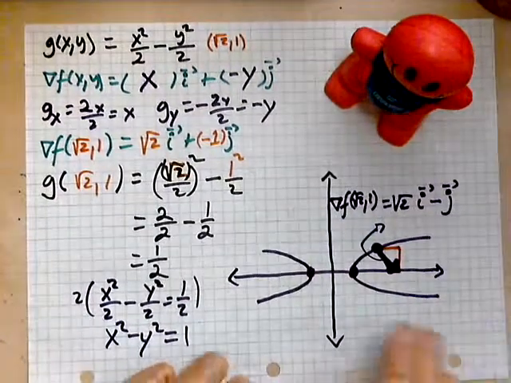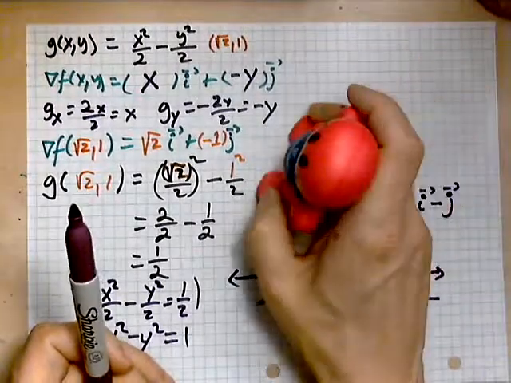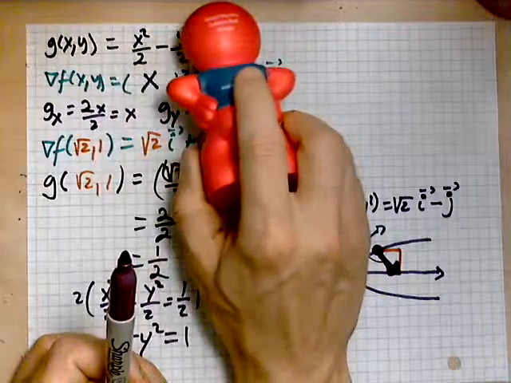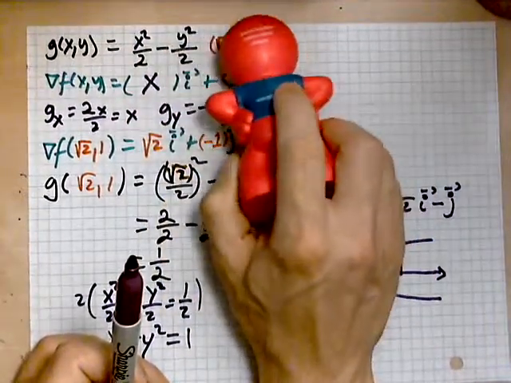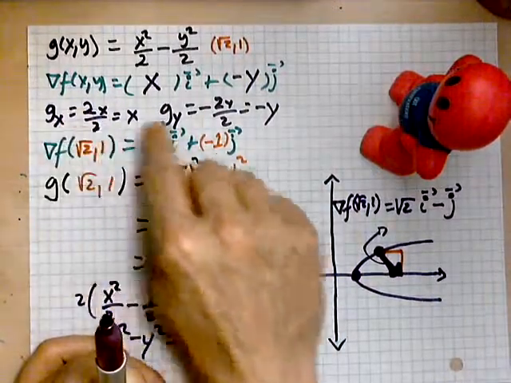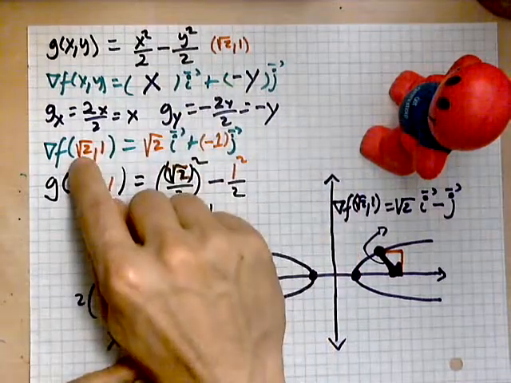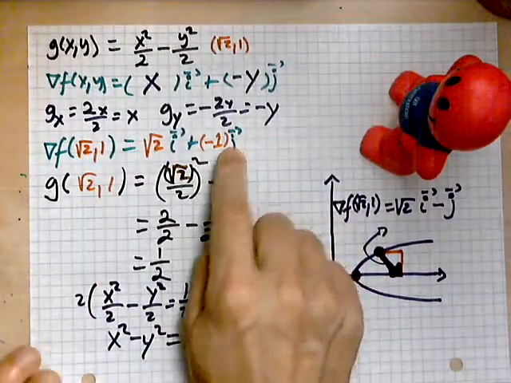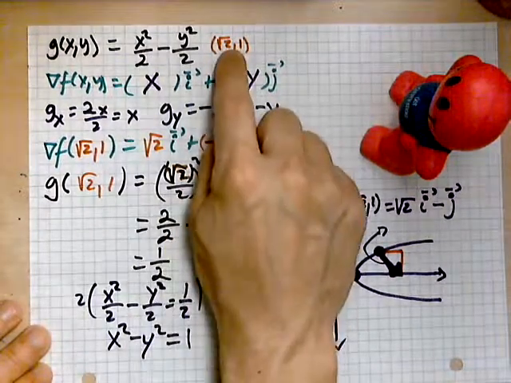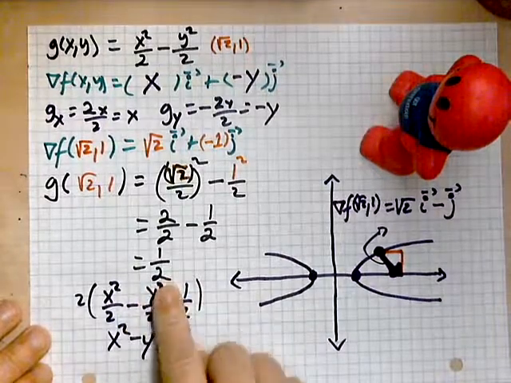So to review, you've got x squared over 2 minus y squared over 2, and root 2 comma 1 is the point. Form the gradient by taking the partials, apply the definition of the gradient, and evaluate at the point, as I've done here. To find the level curve corresponding to this point, evaluate the function at that point, and it gives 1/2 in this case.